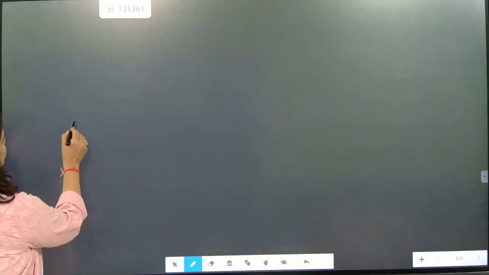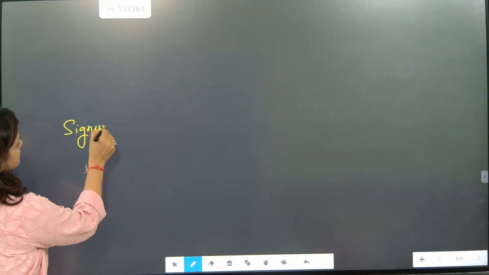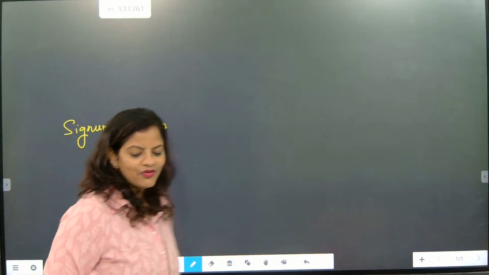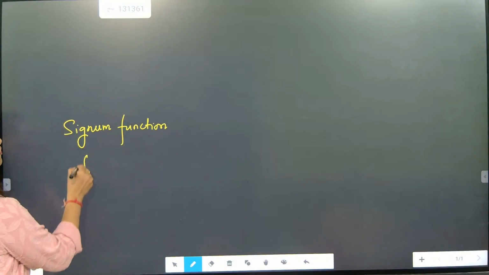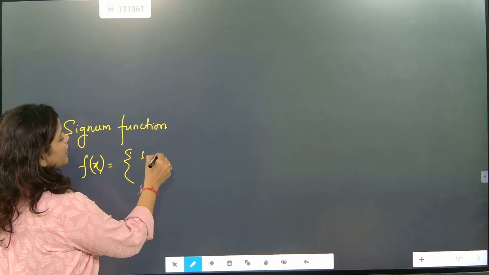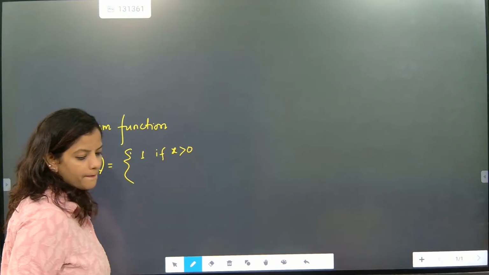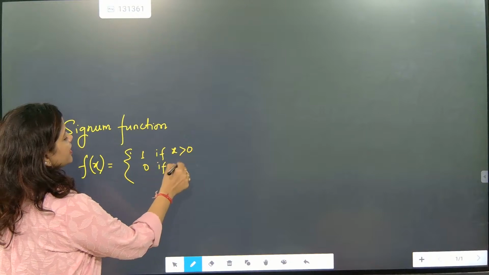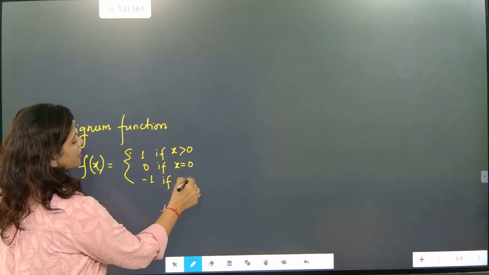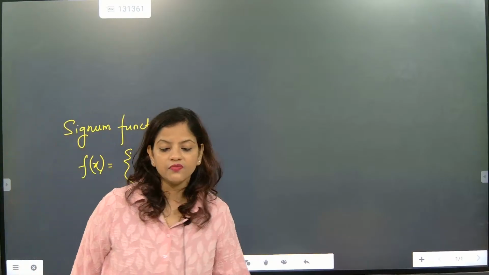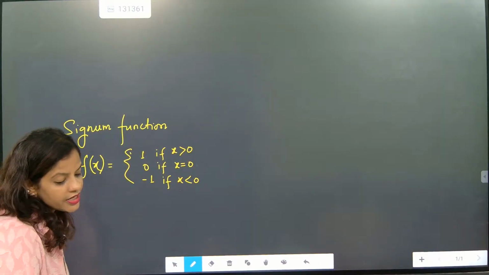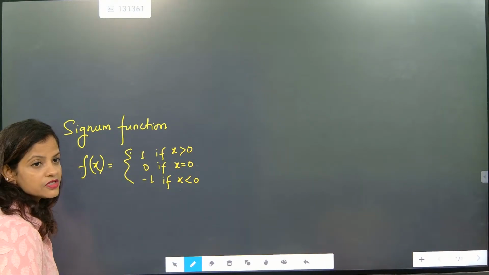Signum function f of x is written as 1 if x is greater than 0, 0 if x equals 0, and minus 1 if x is less than 0. So this is exactly 1, 0, minus 1. Now you need to identify and tell me signum function is what type of function?